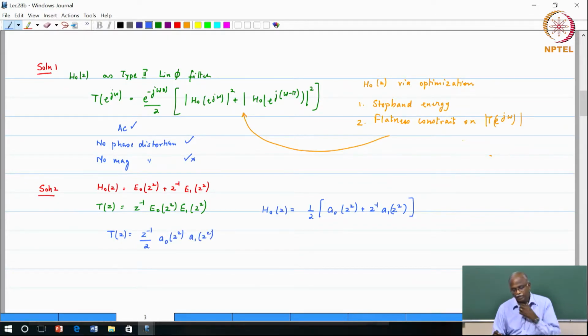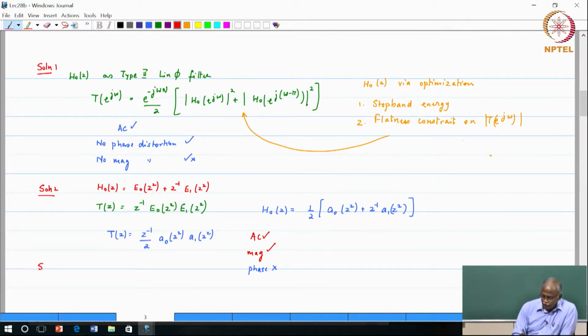Okay, in this case there would be aliasing cancellation, magnitude distortion, I am just going to write as magnitude, and the phase distortion no. Phase distortion has not been satisfied.